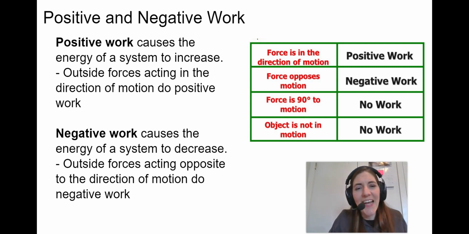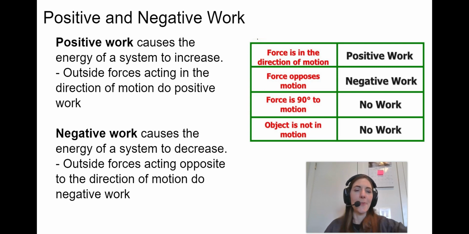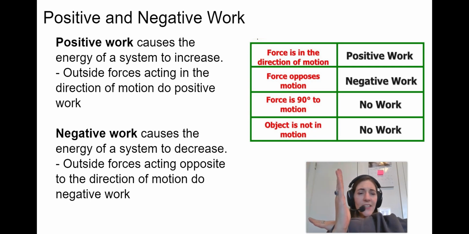Now, if a force is 90 degrees to motion, there's no work done in the direction that was 90 degrees. So for example, if you're talking about having horizontal motion and work is done in the vertical, there's actually no work done in the horizontal motion side.